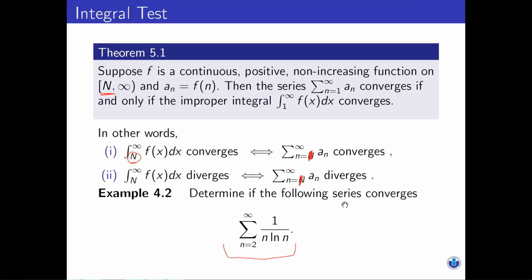You see that this is exactly the value of this function at the point n. And this function is certainly decreasing and positive, right? And so you try to see if this integral exists or not. So does this improper integral converge?